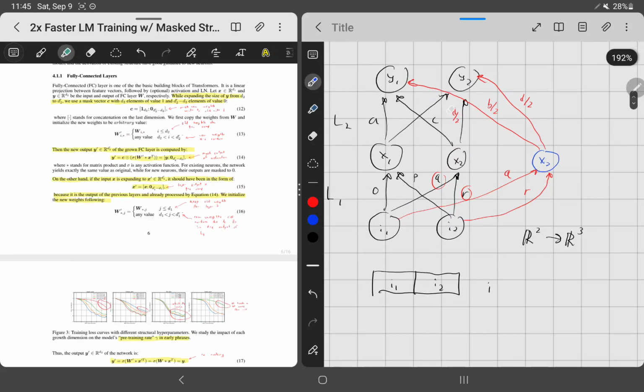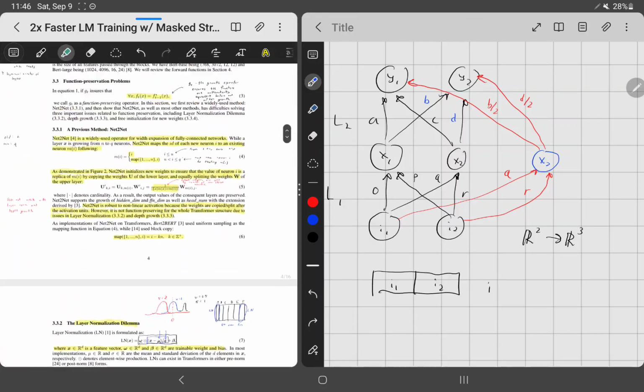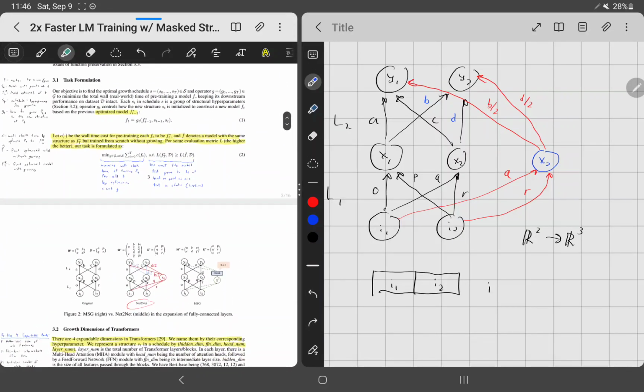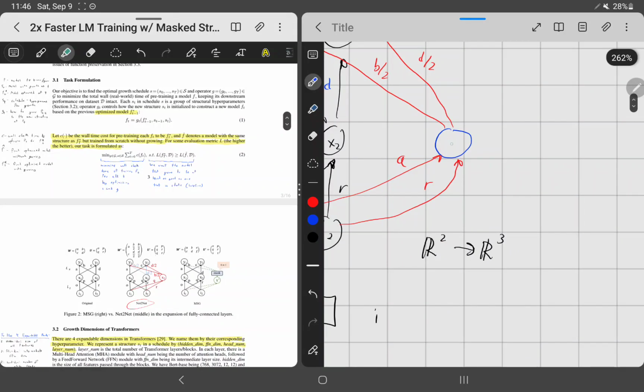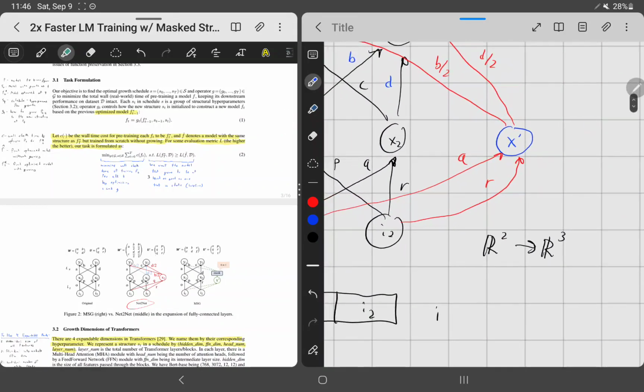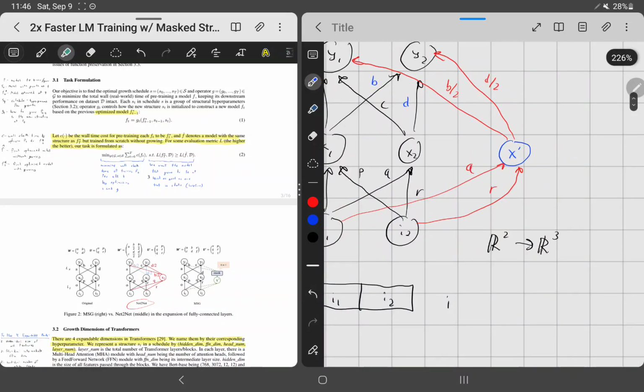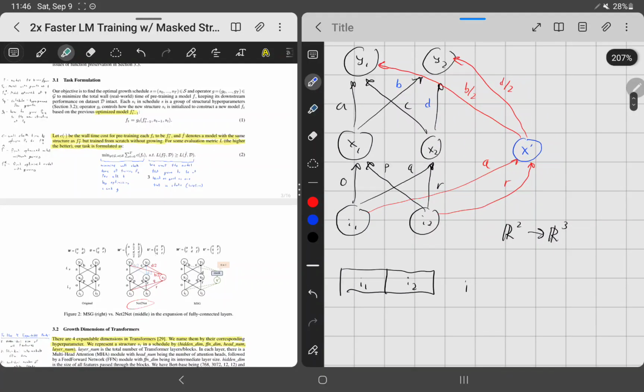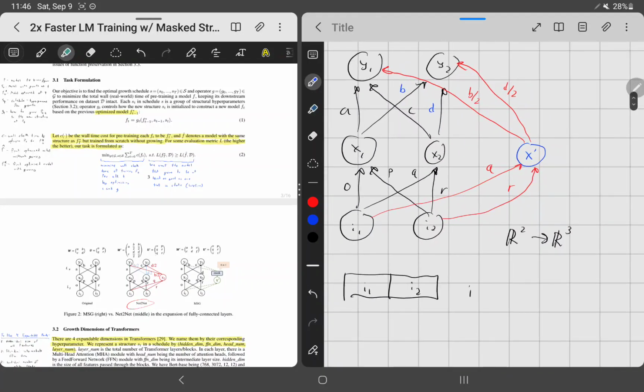So instead, we will change these back to their original dimension, or to their original weights. So that looks like that. Now, let me go to the picture. Right, so they add a new weight, which they call x prime, or a new node, not a new weight, a new node, and all they do is they mask it.